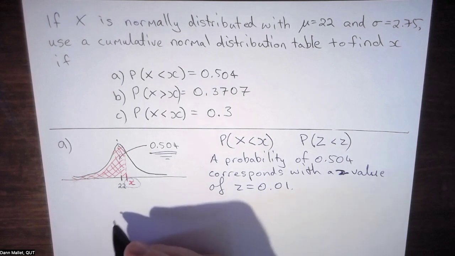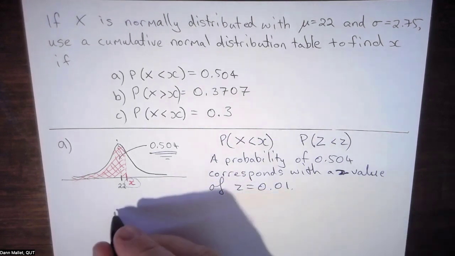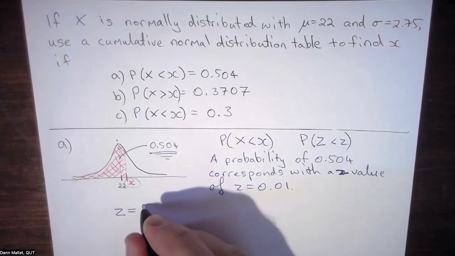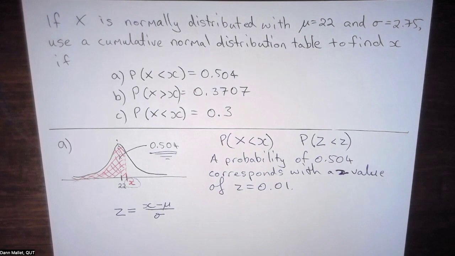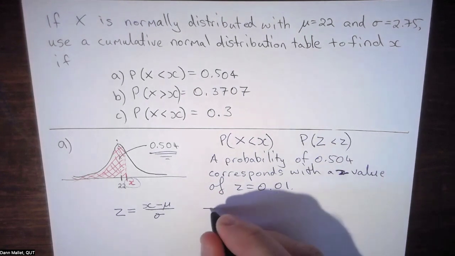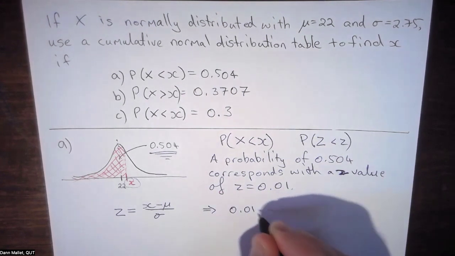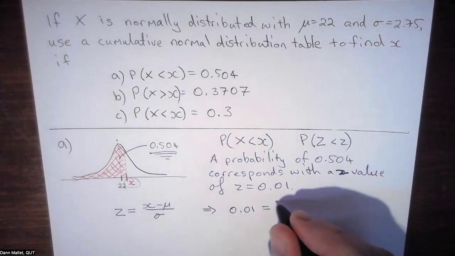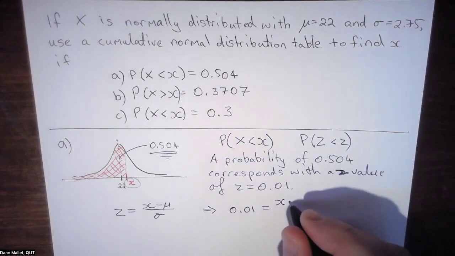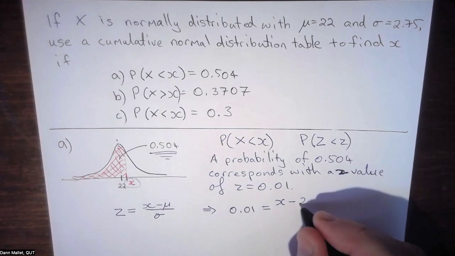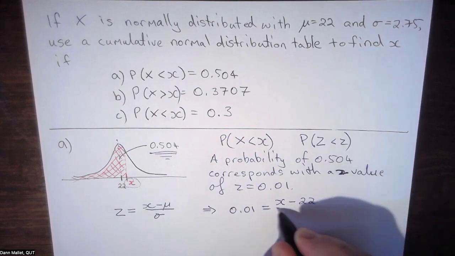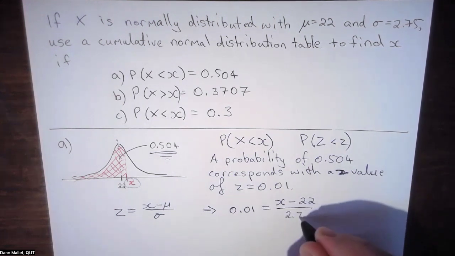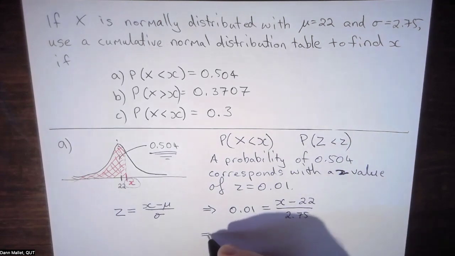Now remember that to transform or normalize random variables, we know that z is equal to x minus mu over sigma. Here I have the z value, 0.01, and that's going to be equal to the x value we're looking for minus mu, which is 22, given in the problem, and sigma, which is 2.75, also given in the problem.